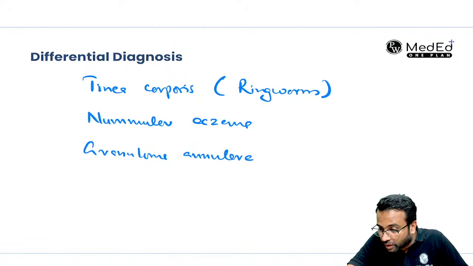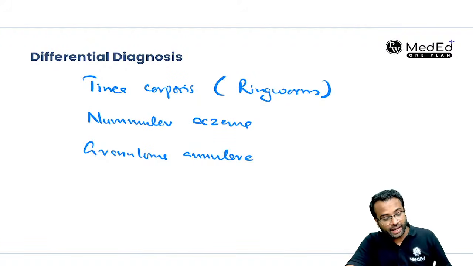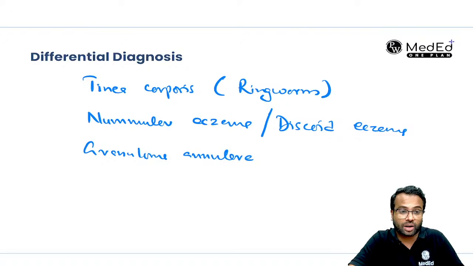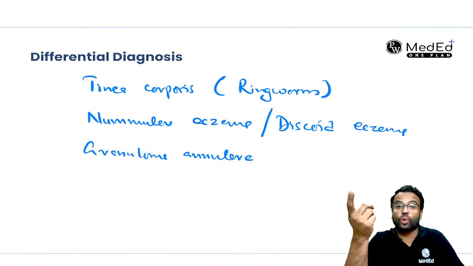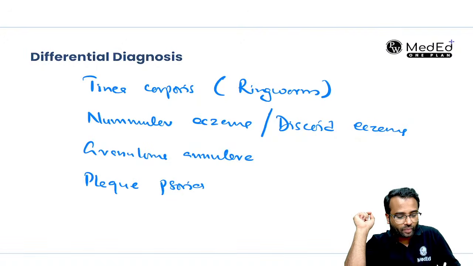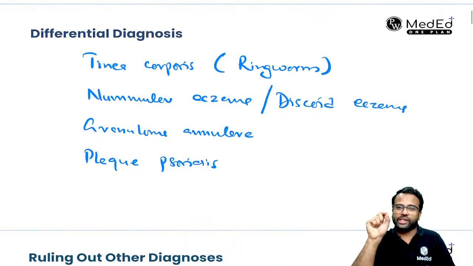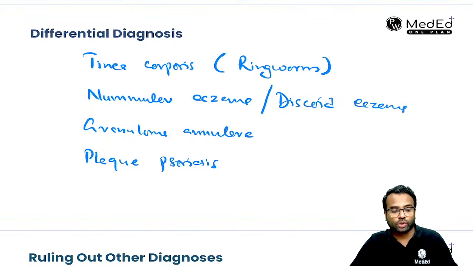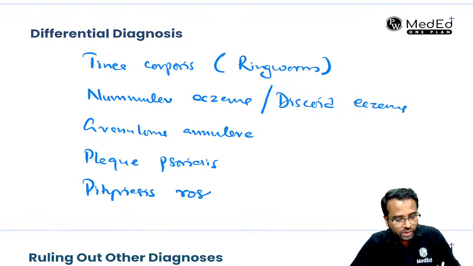Very good. Sadhana is saying discoid eczema. Discoid eczema is the same as nummular eczema. And in some kinds of psoriasis, right? Psoriasis can also present like this, like plaque psoriasis. When I say psoriasis, small round lesions like in guttate psoriasis, similar lesions will be there in pityriasis rosea.